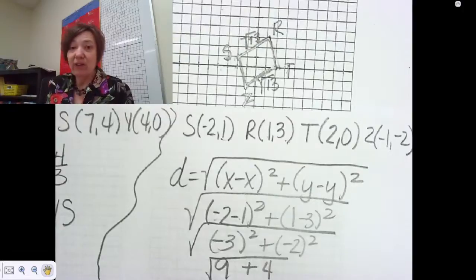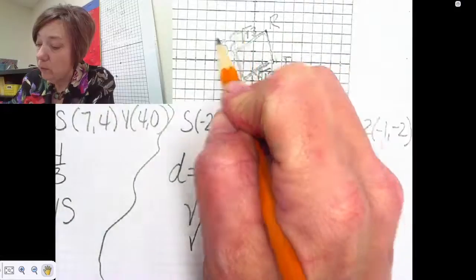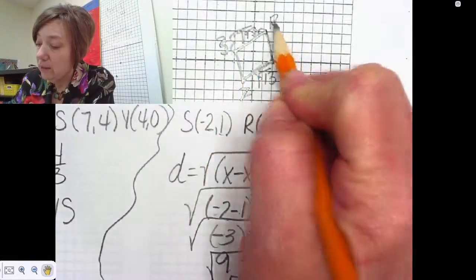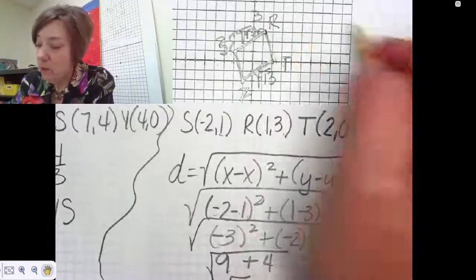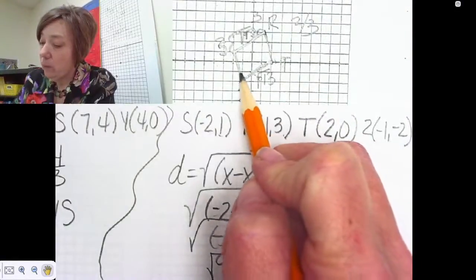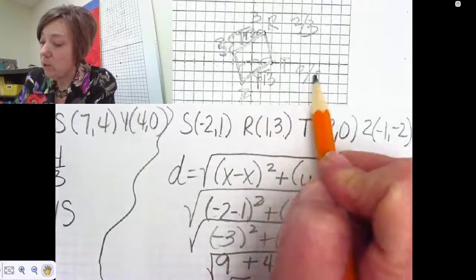Slope. We can find the slope. So we just go up 1, 2, over 1, 2, 3. So it's going to be 2 over 3. And then this one, up 1, 2, over 1, 2, 3. So this one's also 2 over 3.